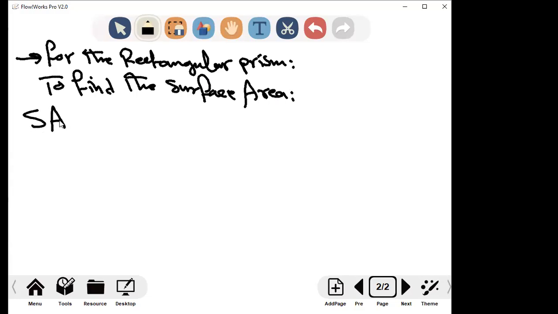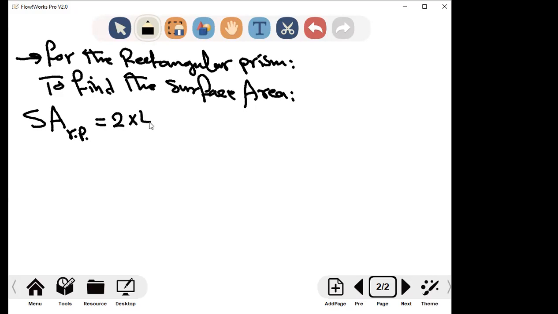Surface area for rectangular prism only. And this formula is only for the rectangular prism. Like the formula of the volume, length by width by height, this is only for the rectangular prism. So the rectangular prism has a special formula for the volume and a special formula for the surface area.